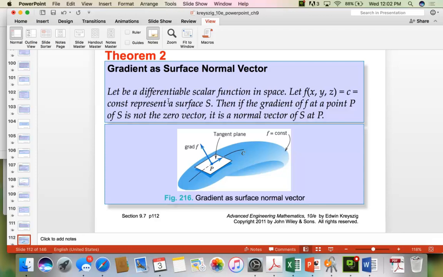So we can also think about the gradient as a surface normal. If we let f of x, y, and z represent a surface, then the gradient of f at some point p is a normal vector to that surface.